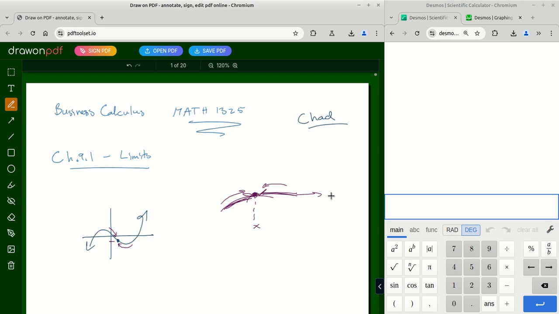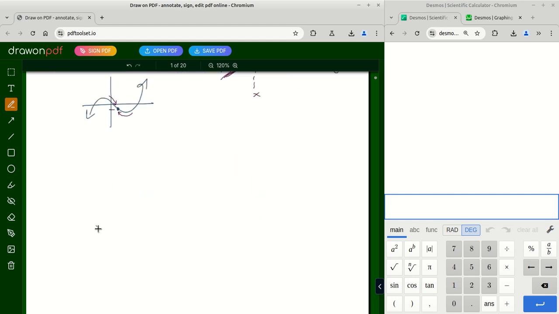I want to know how high is it, what's the y value, and that's going to be our coordinate point. So for the limit notation, it's going to look something like this, and I'm going to do some examples on my own before we do any of the homework at all. So this is, I guess, your lecture.